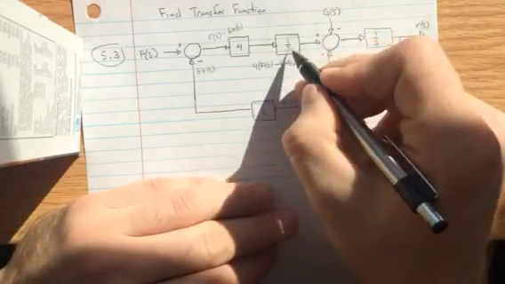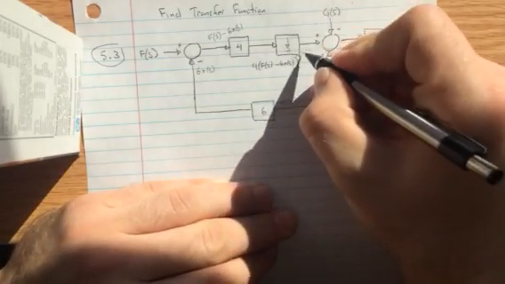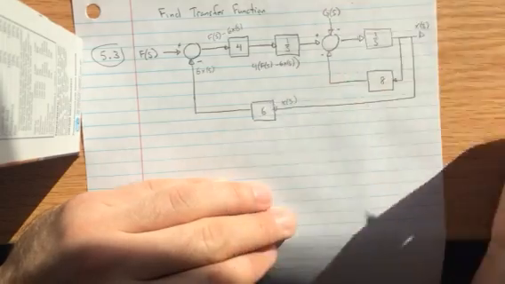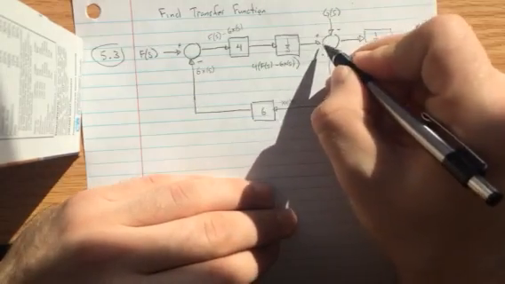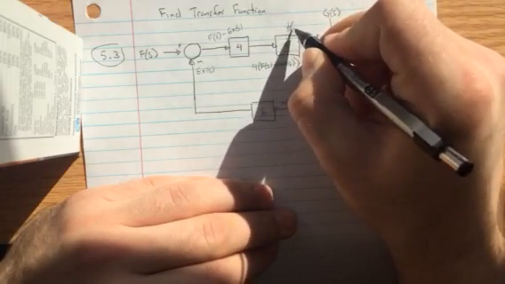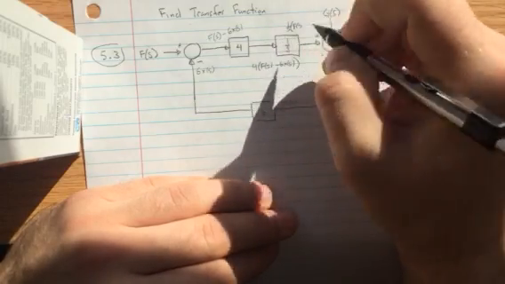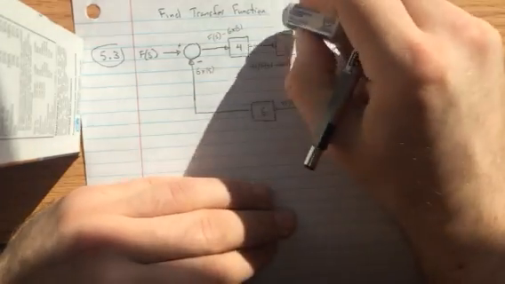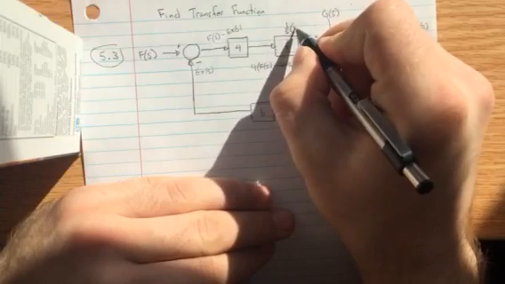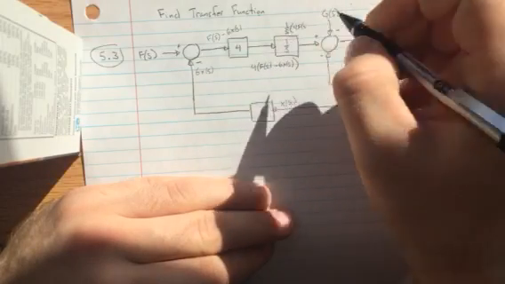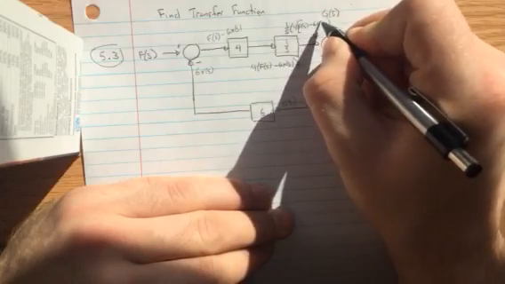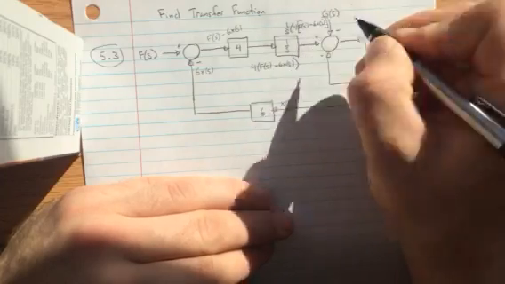And then going through this block again, we have a multiplication by this 1 over s. So the input to this side of the summer here is going to be 1 over s times 4 times (F(s) minus 6X(s)), like that.